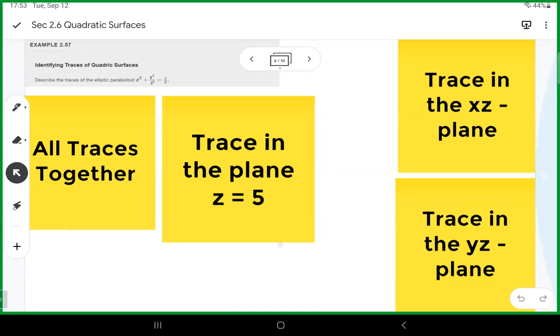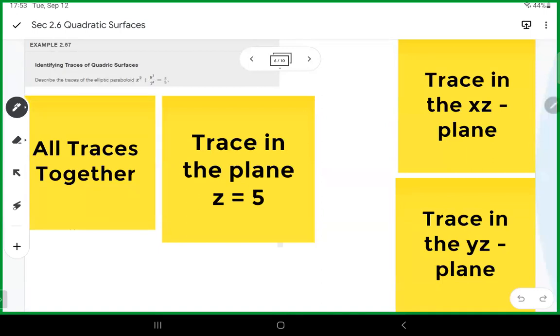Since a single point does not tell us what the shape is, we can move up the z-axis to an arbitrary plane to find the shape of the other traces of the figure. So that's why we're going to look at the trace in the plane z equals 5.